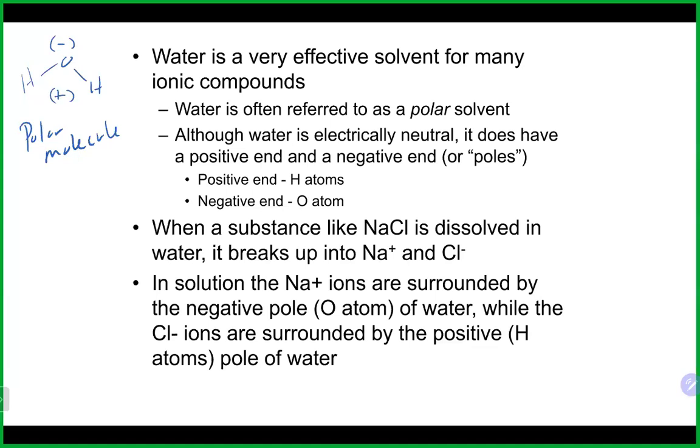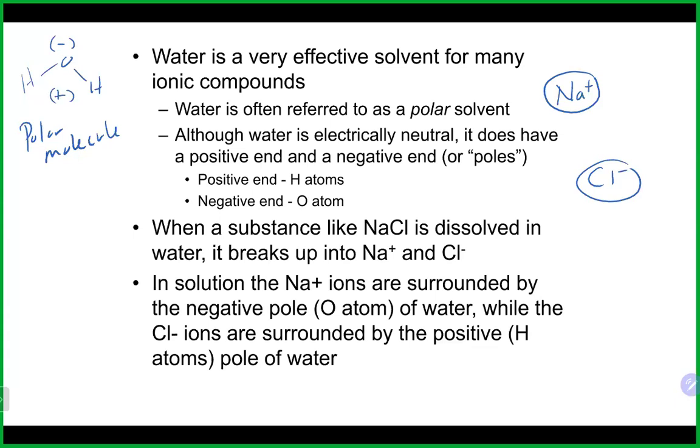And that works really well, for example, when you dissolve something like a salt, like sodium chloride. When you dissolve sodium chloride in water, it will break up into its ions, sodium ions and chloride ions. Now, why it looks like it disappears when you make a solution is because water basically just surrounds those ions.